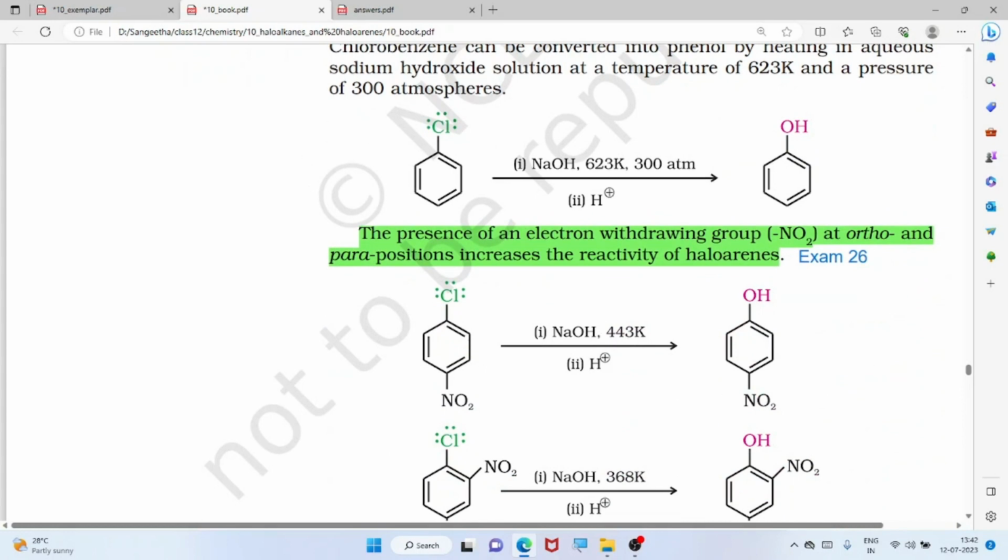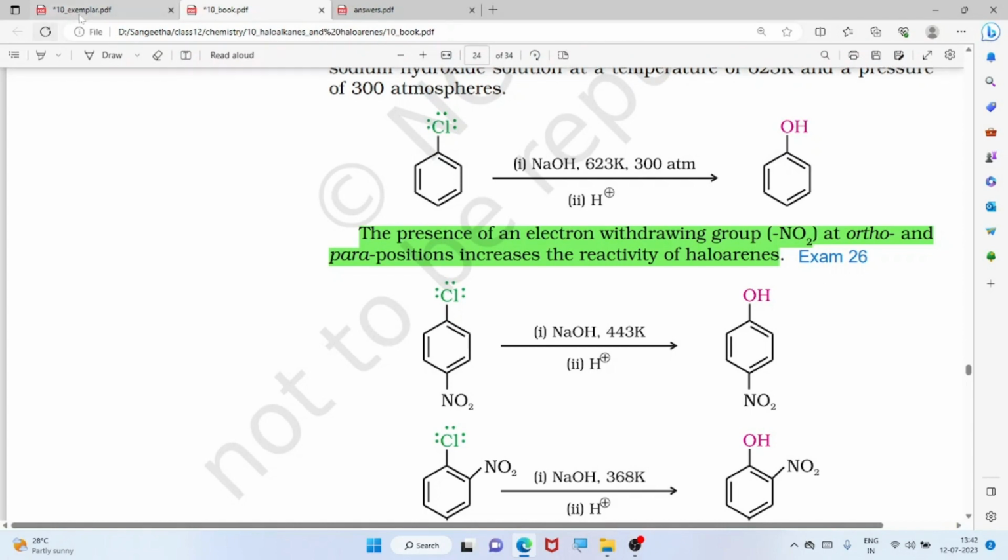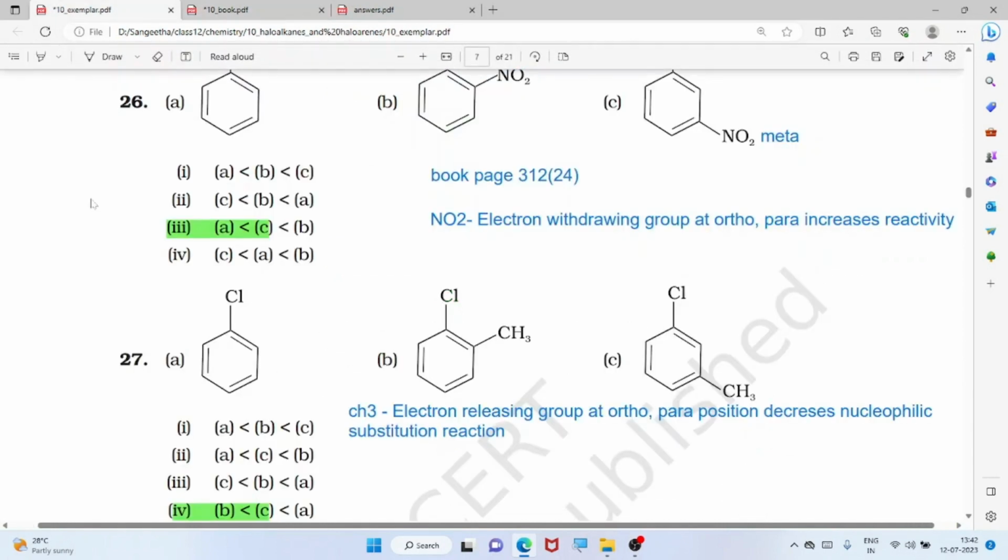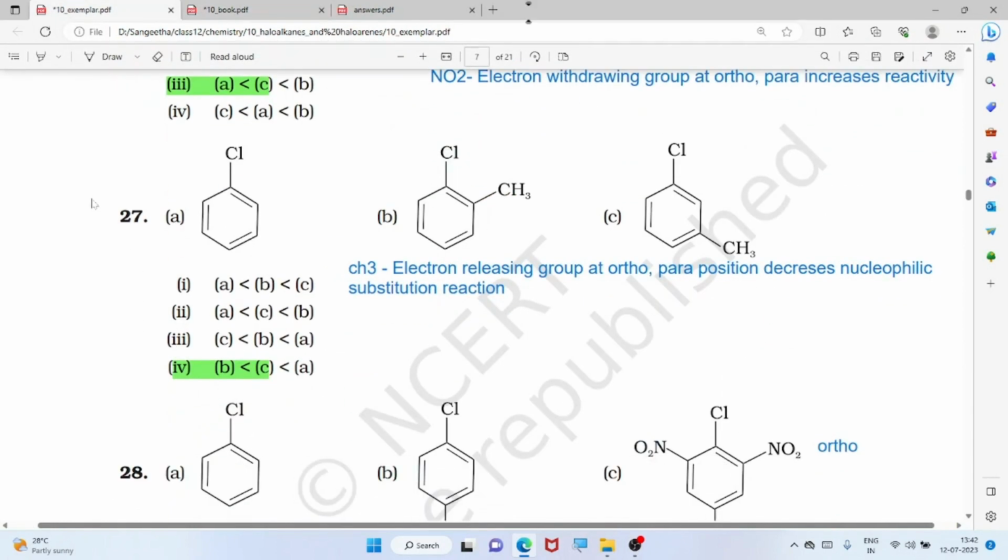The CH3 is an electron releasing group at the ortho and para position and decreases the nucleophilic substitution reaction.